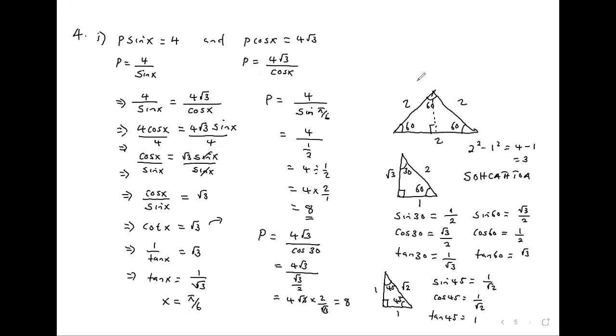Okay, so we go to question 2. Given that tan x is equal to negative 3 over 4, and that x is an obtuse angle, find the exact value of sec 2x and tan 2x.